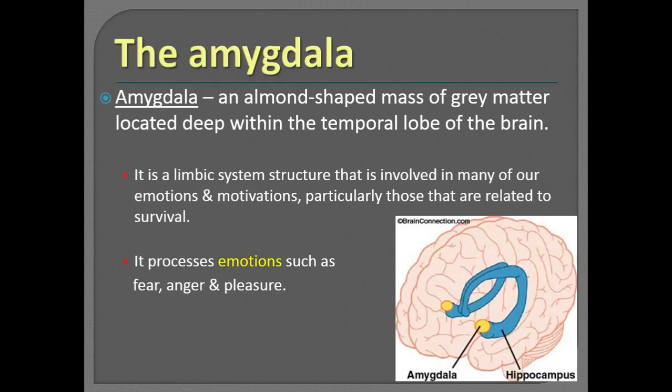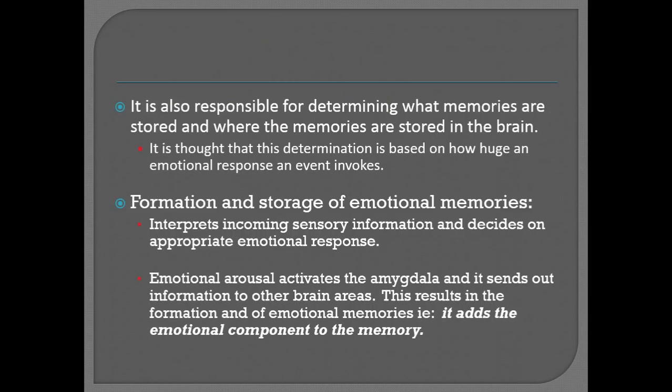The amygdala, so we're looking deep within the temporal lobe here. It's this almond-shaped part on the top of the hippocampus. The amygdala has been found to be linked with processing emotions and emotional memories, or memories that have emotions linked with them. This dot point here is probably really important: the formation and storage of emotional memories. We think that it is involved in interpreting information as it comes in and deciding on emotional responses.